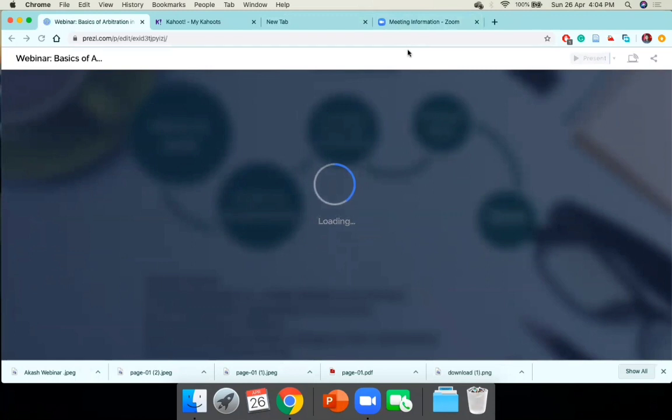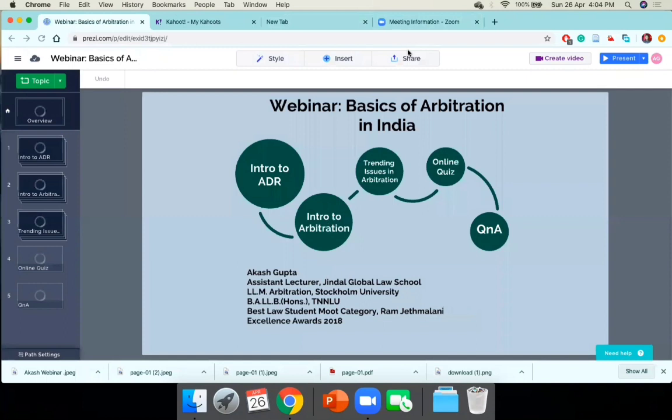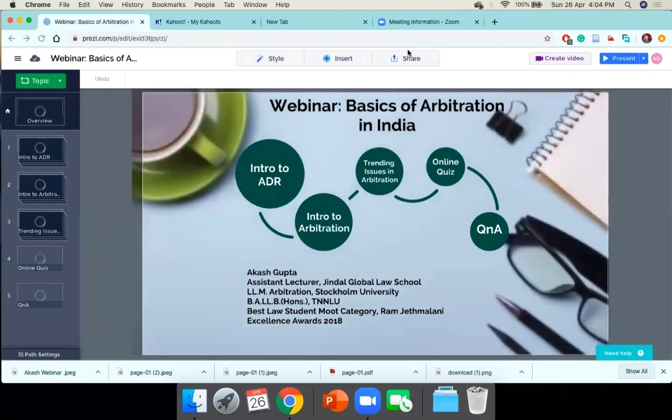The second part is with respect to the dispute resolution process. If we divide the dispute resolution process into 2 parts, the first is adjudicatory and the second is non-adjudicatory. When you talk about the adjudicatory process, it's basically an independent third party who decides who will be paying whom and who is right and who is wrong.